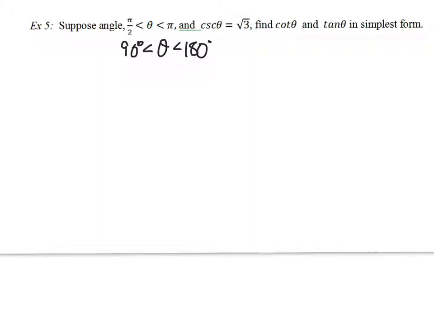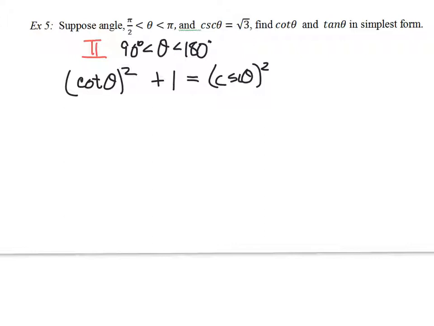So if my angle is between 90 and 180 degrees, that tells me my angle must terminate in quadrant number 2. So that's another way for them to tell me what quadrant I'm in. My Pythagorean identity this time is going to be cotangent theta squared plus 1 equals cosecant of theta squared.